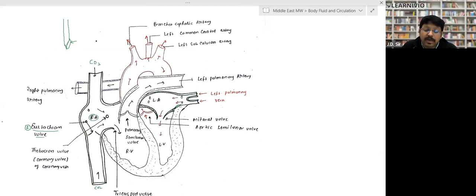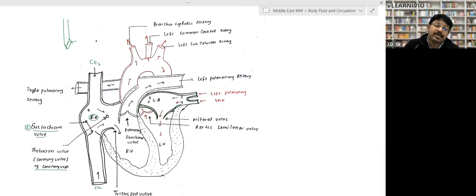Again, there is one more wall in the right atrium itself, the coronary wall. So what is the coronary vein? The coronary vein takes the deoxygenated blood from the heart itself. So deoxygenated blood of the heart comes back with the help of the coronary vein.